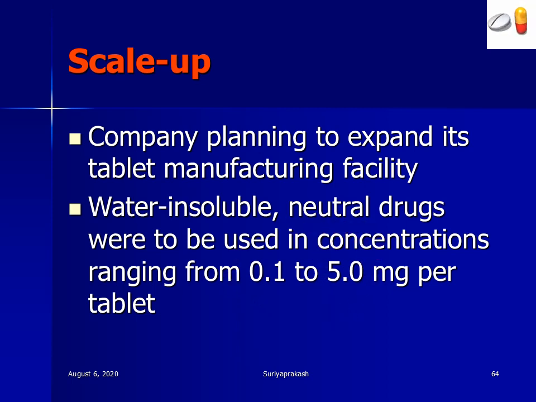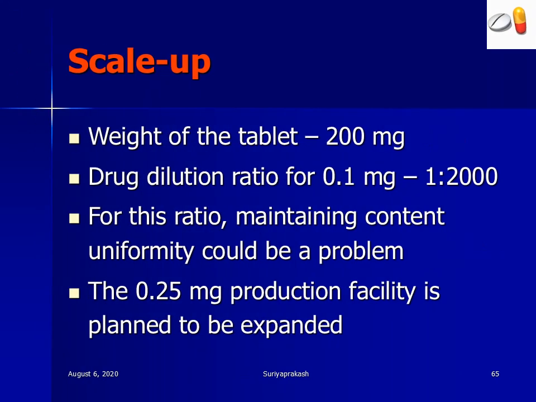How small in size it is, right? So the weight of the tablet is 200 milligram. In that 200 milligram, you are going to have the active ingredient 0.1 milligram. That is a 1 to 2000 ratio.